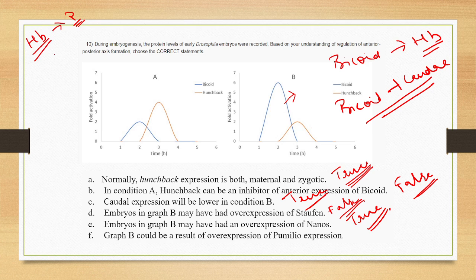Because nanos represses the translation of hunchback proteins. To do so, nanos takes the help of Pumilio. So if Pumilio is overexpressed, what does it mean? It means that hunchback would be repressed in the posterior region.